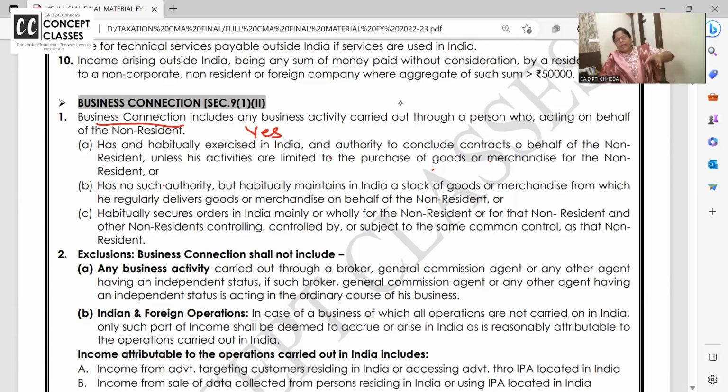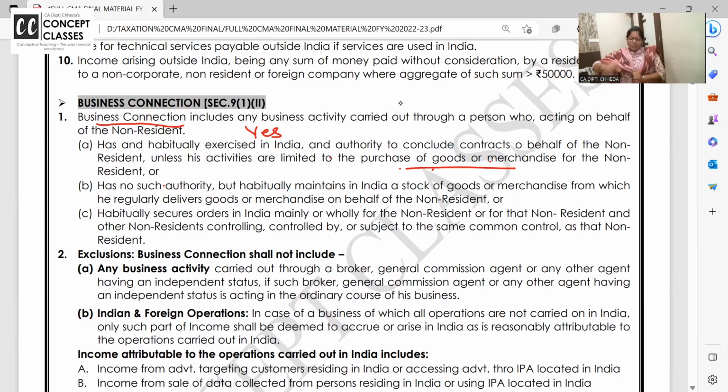They take orders, supply, and you see everything in India with the buyers and all. Then you are said to have a business connection in India, except if you just come to India, go to Kashmir, buy the handicrafts, go to your country and sell. Can you say that for what you sell somewhere in the world, you will have to pay GST or income tax in India? No. Is my explanation clear?